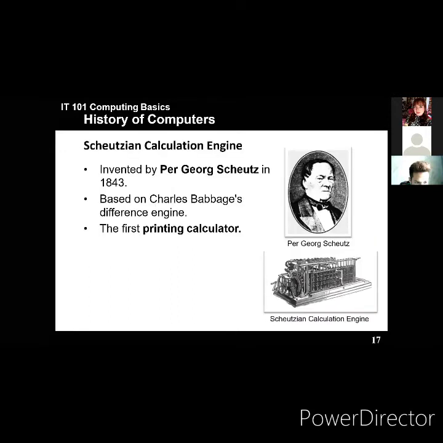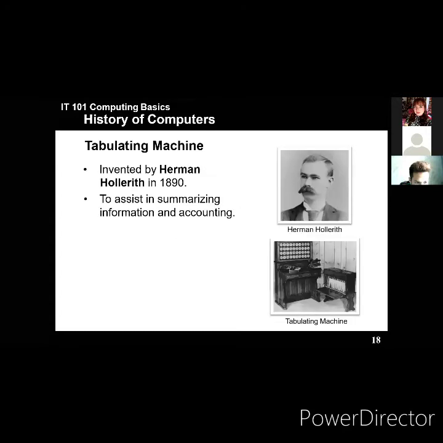And then the Scheutz calculation engine, invented by Per Georg Scheutz in 1843, based on Charles Babbage's difference engine. This is the first printing calculator. Ayan, so nagpi-print na yung ating machines. No, not only nagko-compute ng basic operations, but also it prints out.